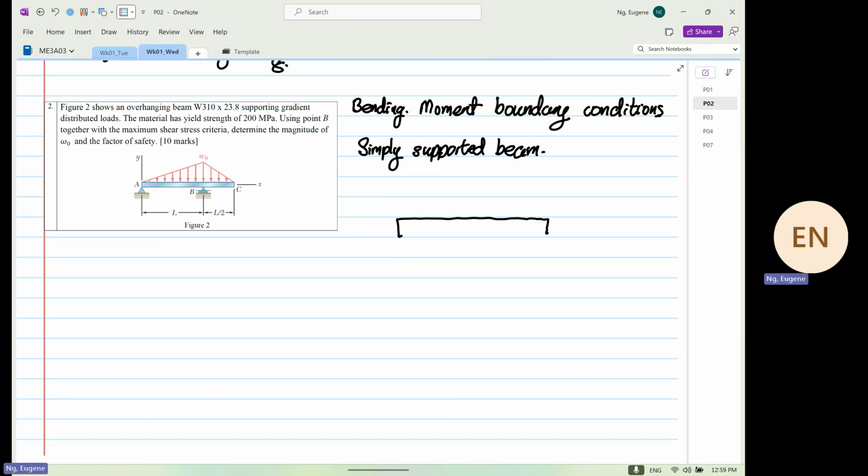So when we have a simply supported beam, this is our point A, this is our point B. One side is pinned, the other side is on a what? On a roller.